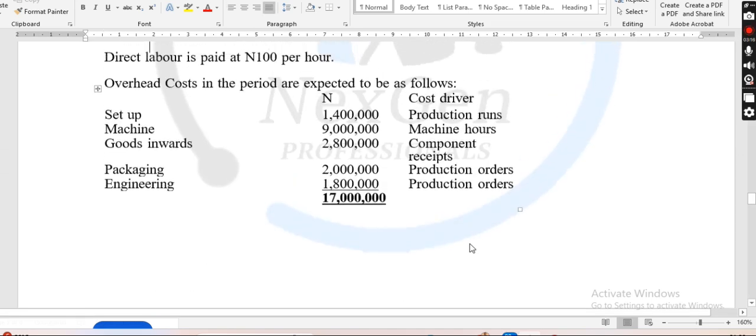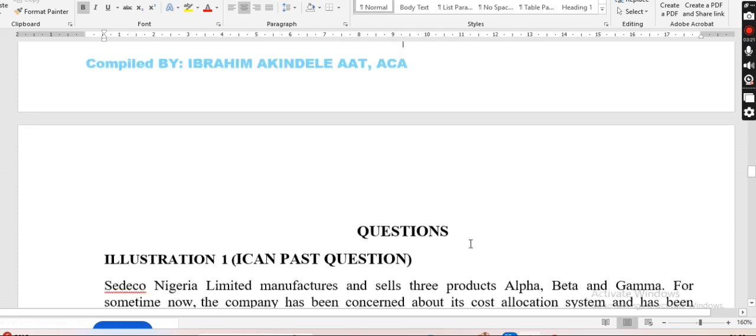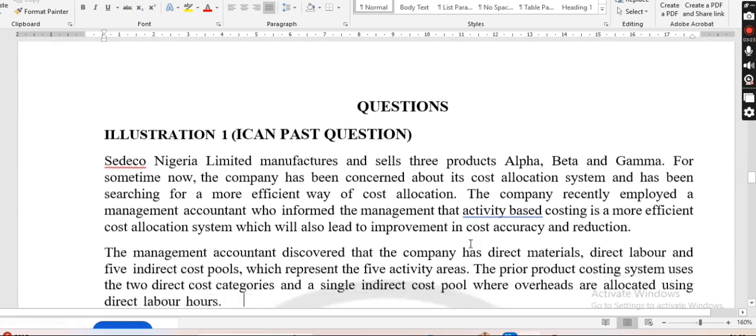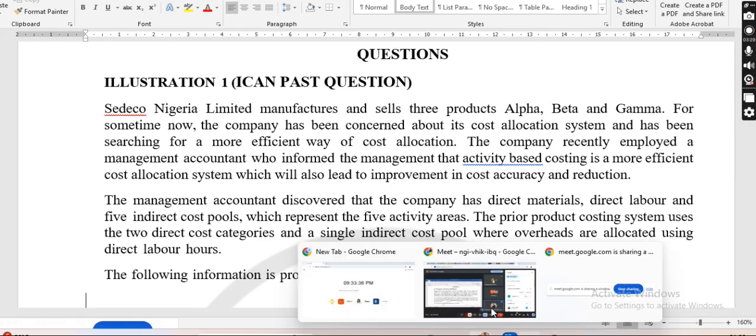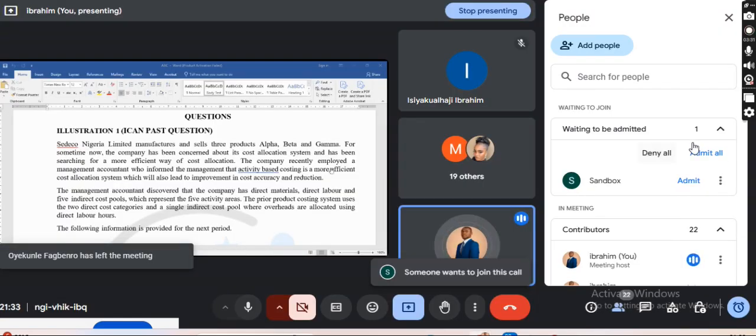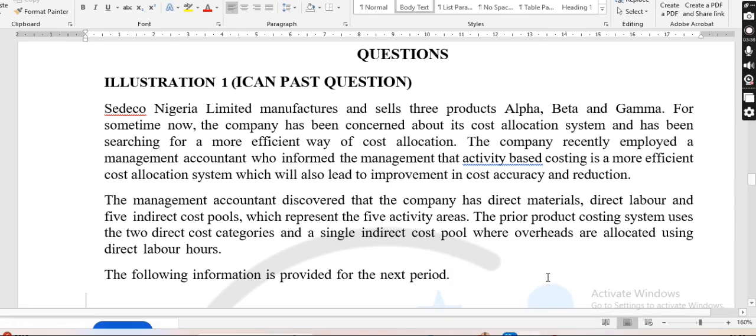Now, let's quickly read the question so that we can move. Sedeco Nigeria Limited manufactures and sells three products. Class, three what? Three products: alpha, beta, and gamma.